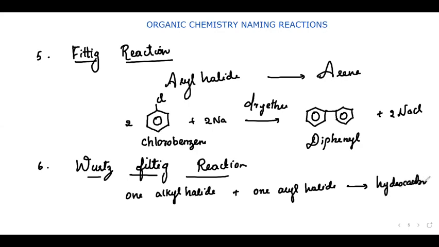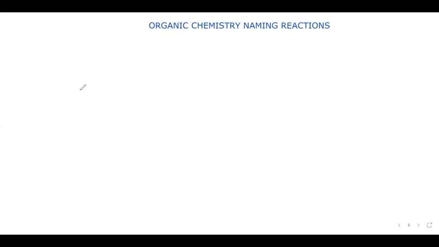It can be an aromatic hydrocarbon because one aryl group is there, no? So we will get an aromatic compound. For an example, I'm going to take chlorobenzene, and along with it I'm going to take methyl chloride.